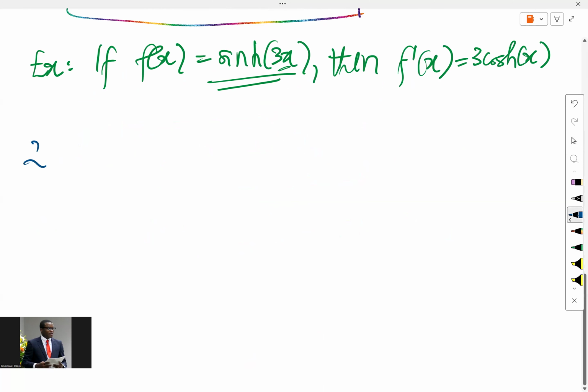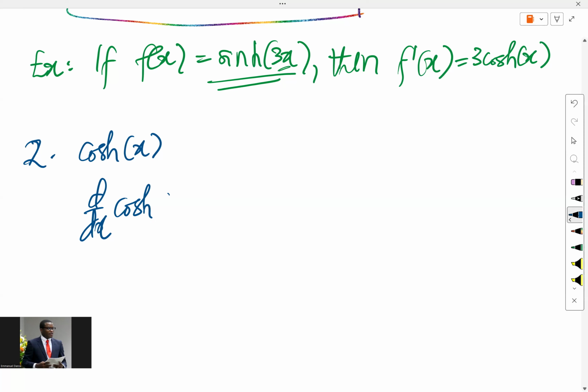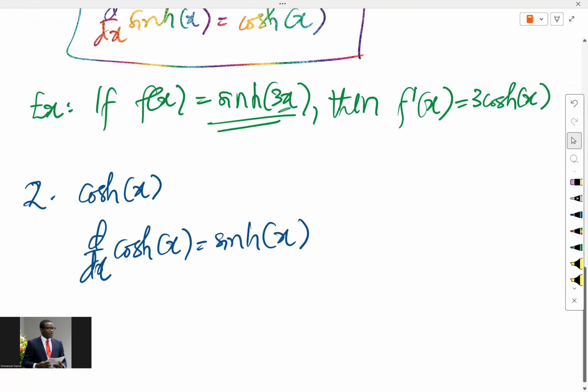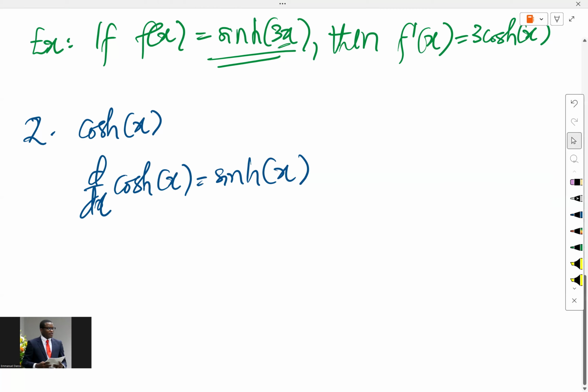Then we talk about the next one, number 2. I'm just going to write for the rest, so I don't spend any time trying to work those things out. We just go through the normal procedure for differentiation. So d/dx of cosh x is the same thing as sinh x. You can do the same process like I did before, and then you get that.